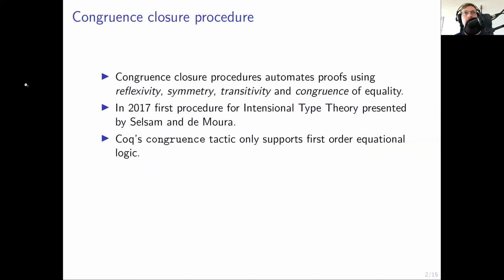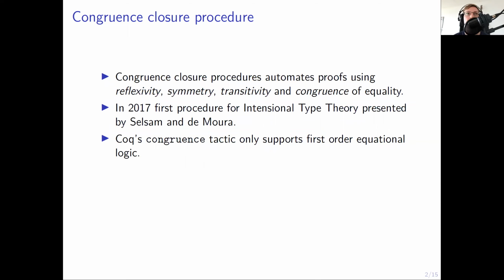So first, the congruence closure procedure is automating proofs that can be constructed using reflexivity, symmetry, transitivity, and then congruence of equality. It's important to note here that I'm speaking about equality and not equivalence relations in general.